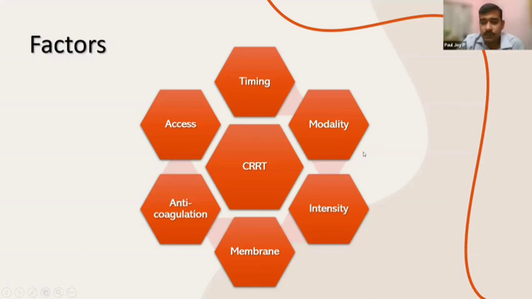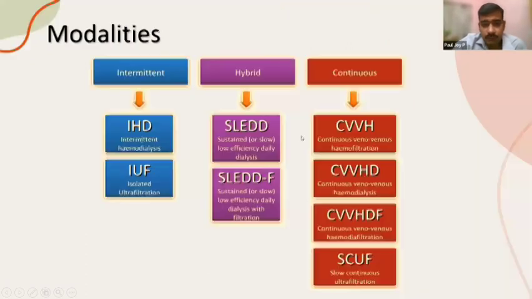So there are various factors to be considered before starting CRRT, like the timing of when to start CRRT. Especially, it is debatable if there are no urgent or absolute indications for initiation of RRT. And once it is decided, what modality to choose, with what intensity, what membrane to be used, and the anticoagulation and access.